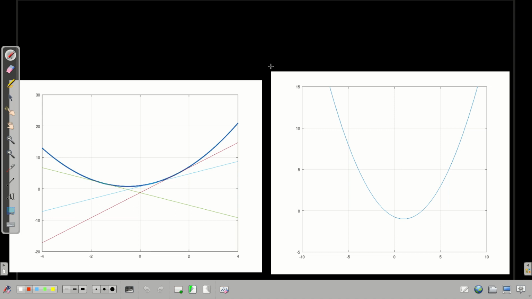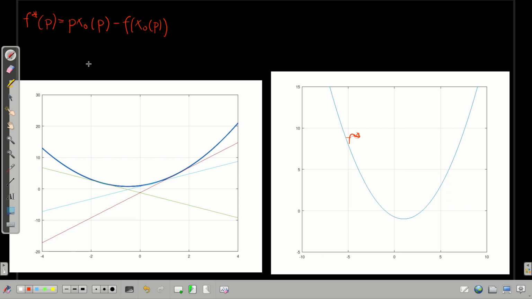So here you see actually a plot of f star. And first we write the definition of f star again. So f star of p equals p times x naught of p minus f of x naught of p.